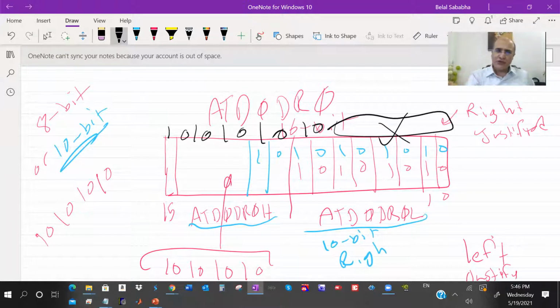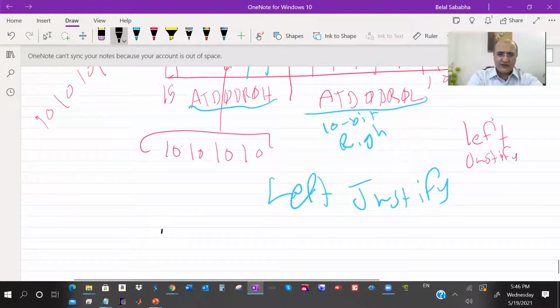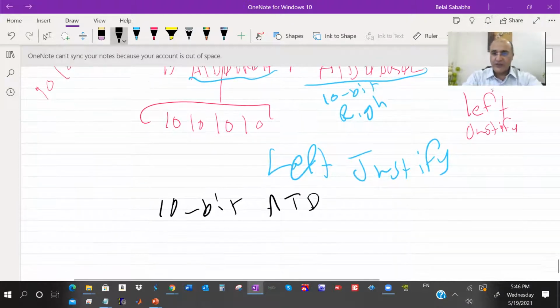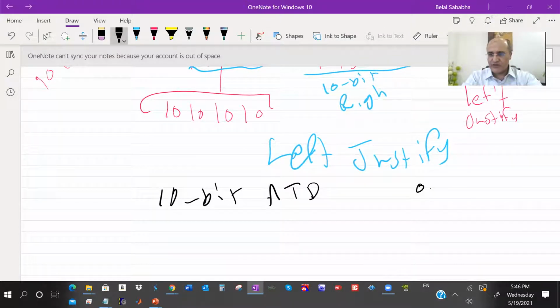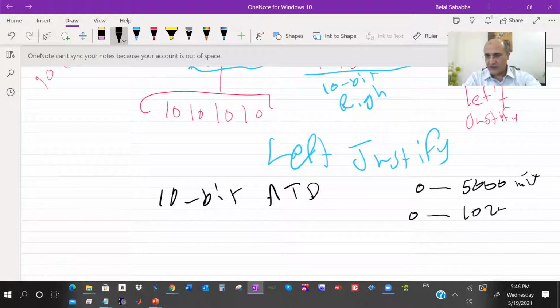But usually we use this left justification if these 2 bits don't matter. You don't care about what these 2 bits represent. We said if we're doing 10-bit A to D, then we're representing the voltage from 0 to 5,000 millivolts using 10-bit, using numbers from 0 to 1023.